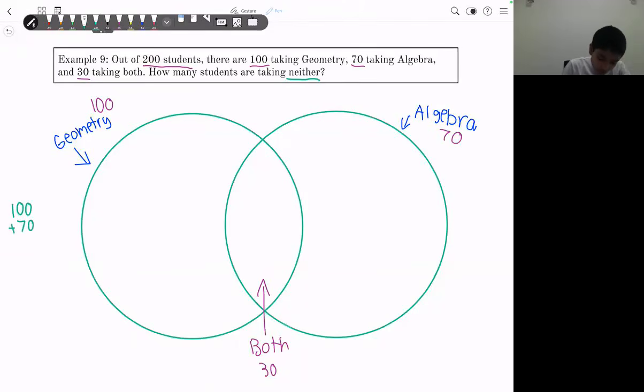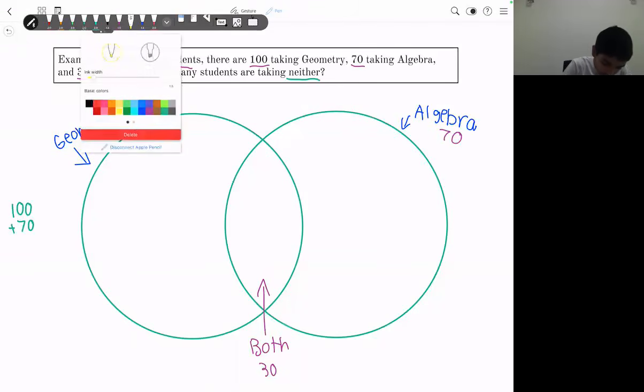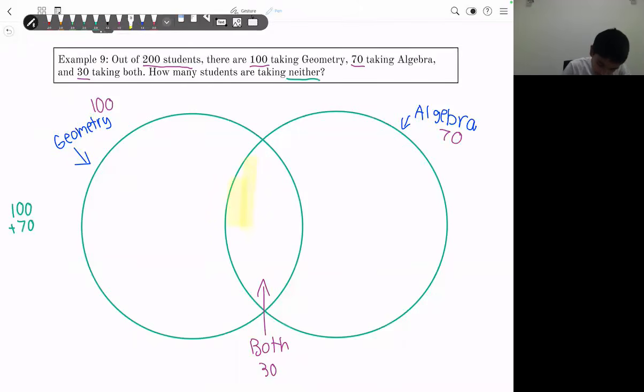But then we're overcounting the number of students who are taking both. We're overcounting this middle section here, because in the middle section we counted the students who took both geometry and algebra. So we subtract 30. This gives us 140 students taking either geometry or algebra.